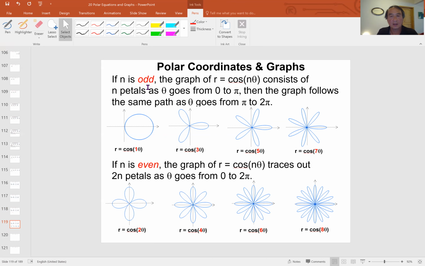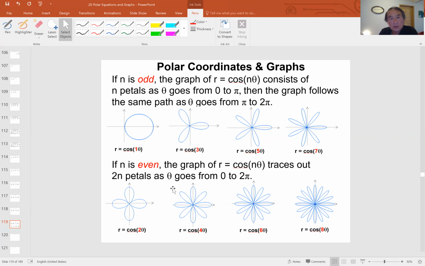You got this pattern here. And so you notice that for the cosine with odd angles, the number of petals is exactly the same as the number. But for the cosine with even angles, suddenly you get twice as many petals.